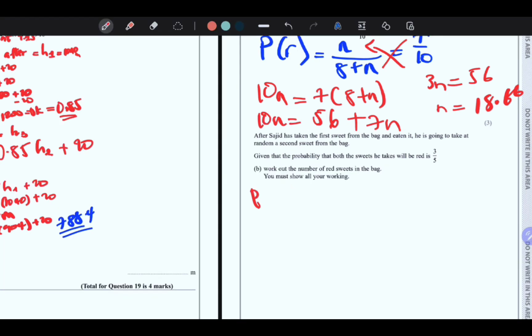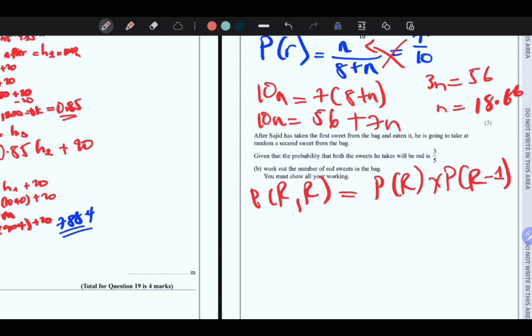So we want to find the probability of him taking a red and another red. So we're going to have to find the probability of him taking the first red and multiply by the probability of him taking the second red. But then there will be one less, so we're going to have to subtract one from it. So the probability of taking the red is just n over n plus 8.